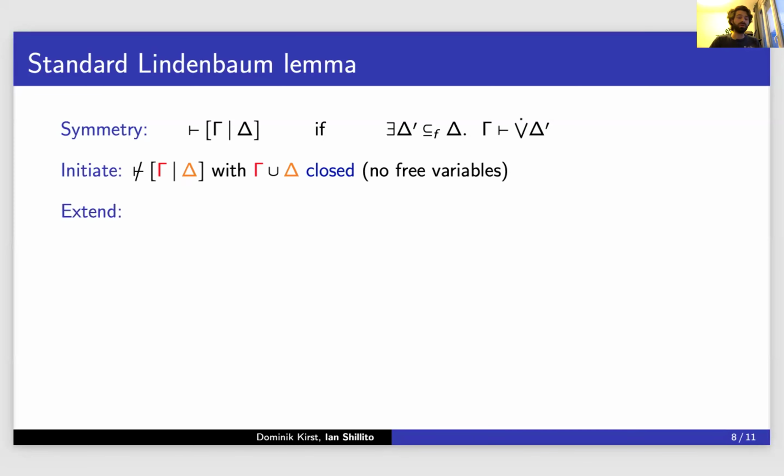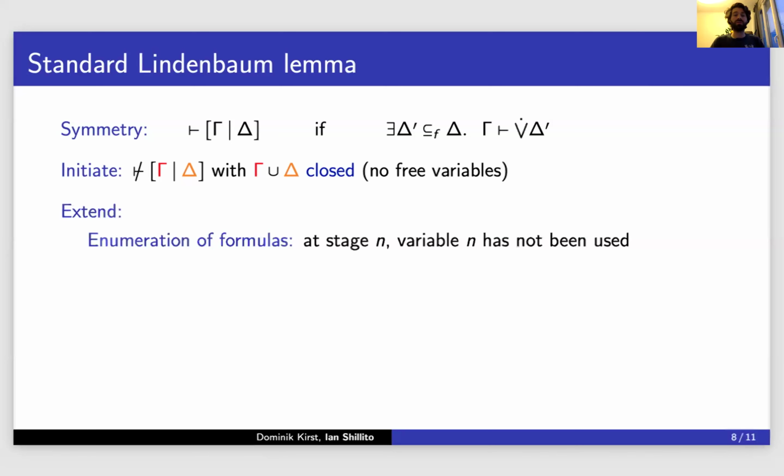And so to extend them, we'll use an enumeration of the language of all the formulas with a specific property: at stage n, when you go through the enumeration, the variable n has not yet been used. So no formula up to now has used the variable n. And so that will be very handy when we want to witness quantifiers. So when we encounter an existential formula on our enumeration, for example, exists x phi, we ask the question: is it safe to add this formula to the left-hand side?